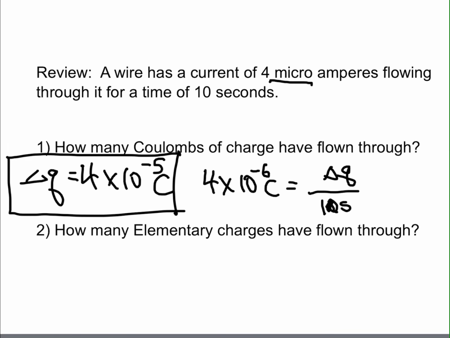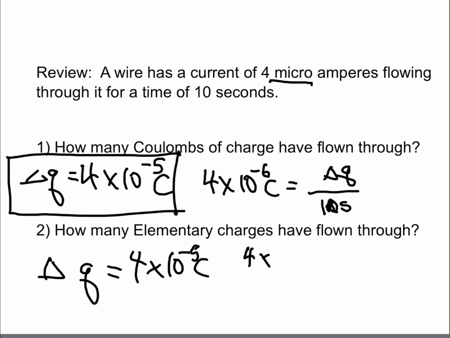Okay. Now, the next one's a little bit trickier, but it just goes back to the very beginning of the chapter. So it says how many elementary charges are flowing through. So I already know how much charge flowed through in coulombs, which is 4 times 10 to the negative 5 coulombs. Now, we should remember that there's a conversion factor for this, so we can set up a proportion.